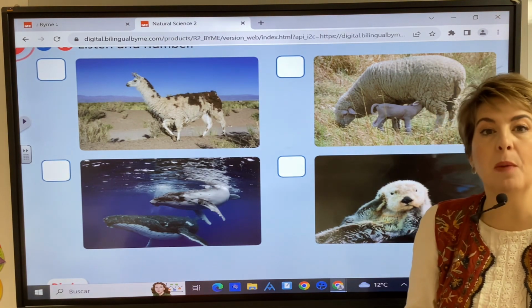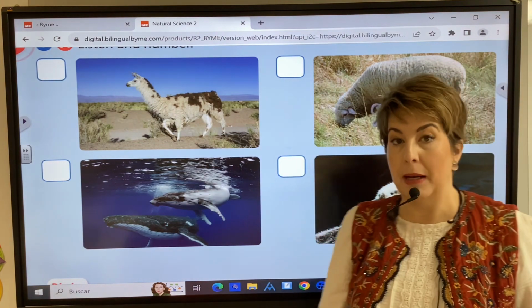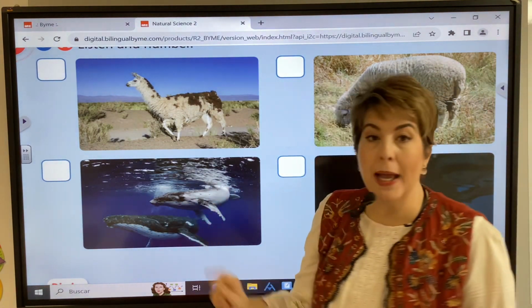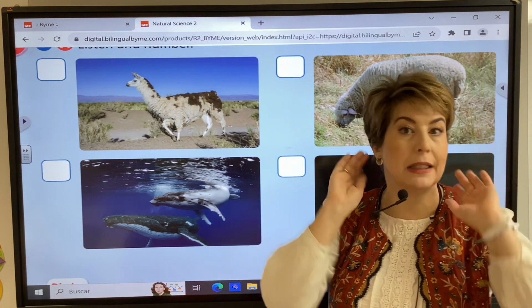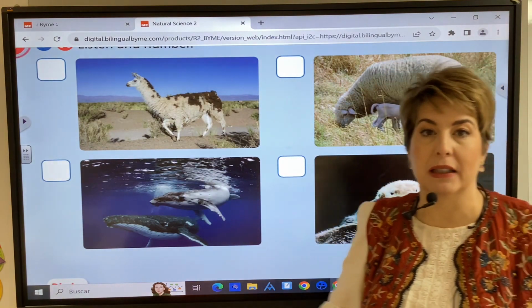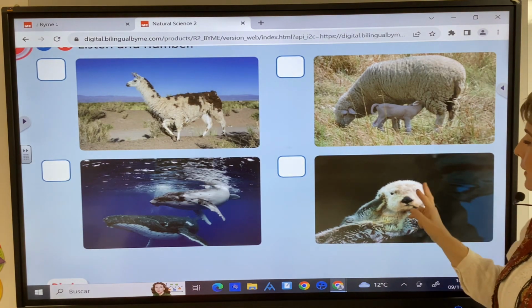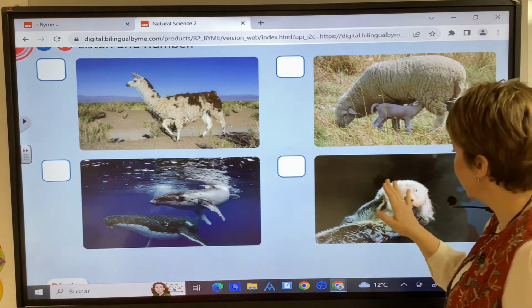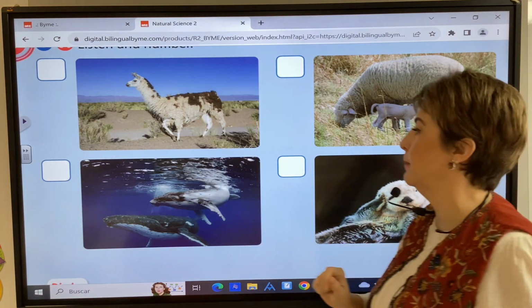That's why we are called mammals, because we drink milk from the mammals. We are mammals. A whale is a mammal, okay? It doesn't breathe with gills, no. It breathes with lungs. And this is another mammal. It's called an otter, and it has a lot of hair to protect its body.